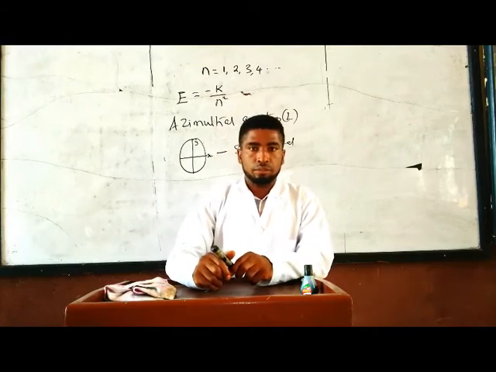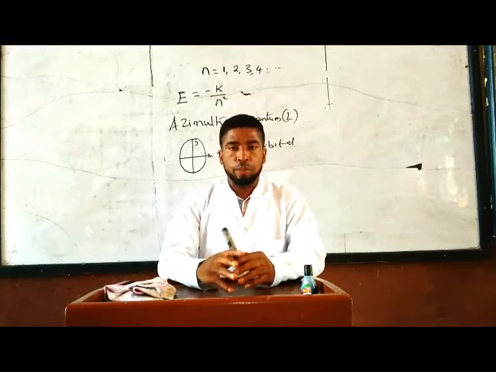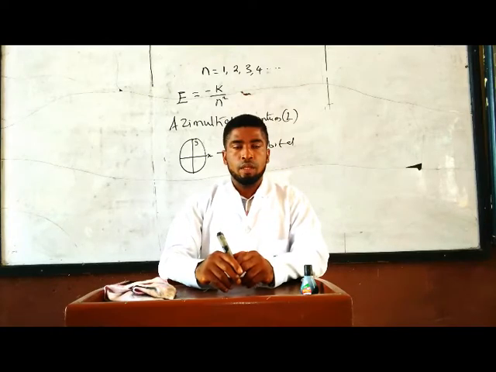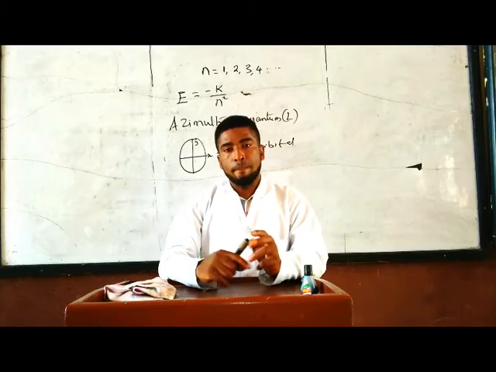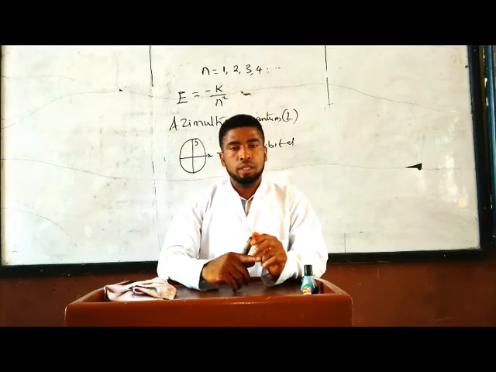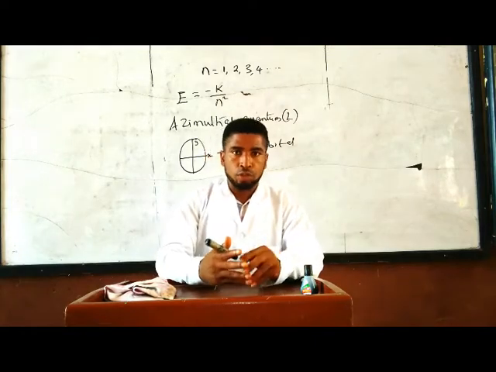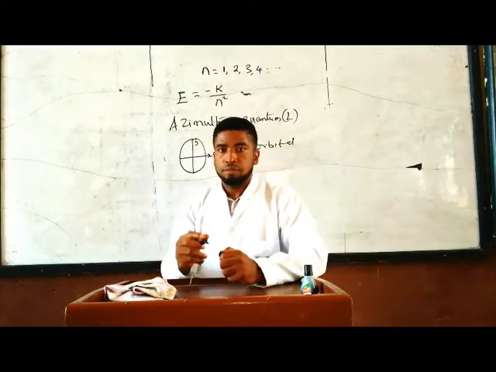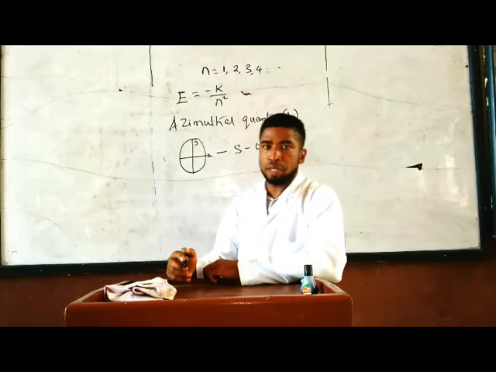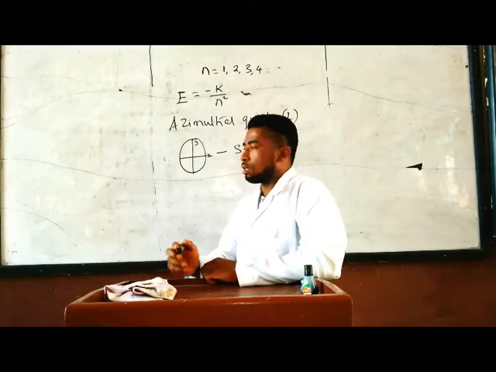Now, p orbital. Let us look at the shape of p orbital. Remember that p orbital is of three types: px, py, and pz. As we proceed, I will be showing you these three p orbitals. Now, the shape of p orbital is dumbbell.